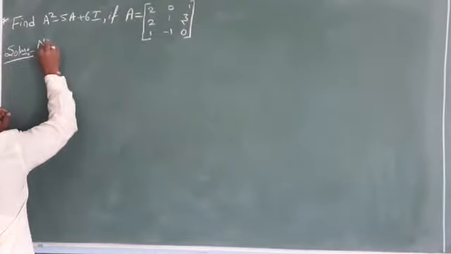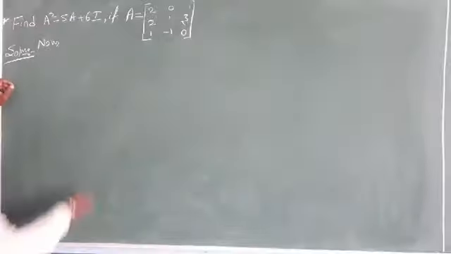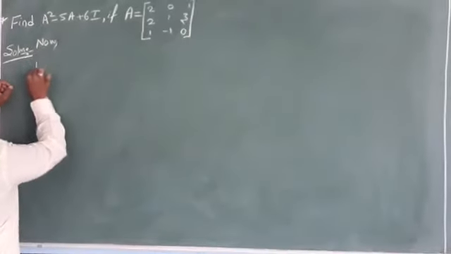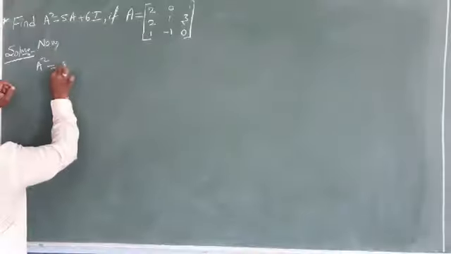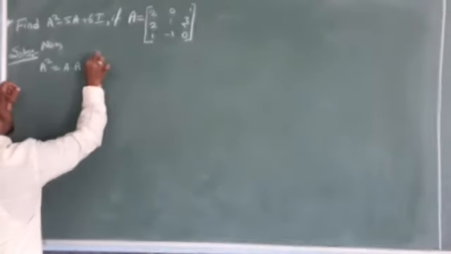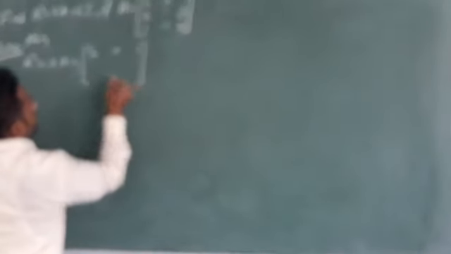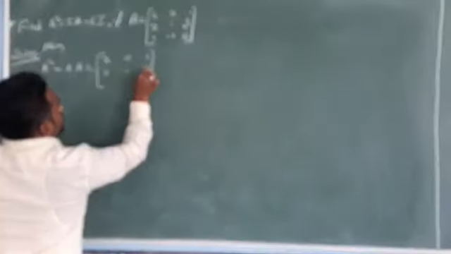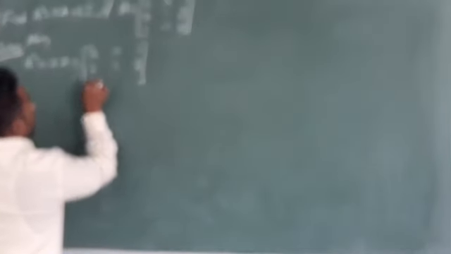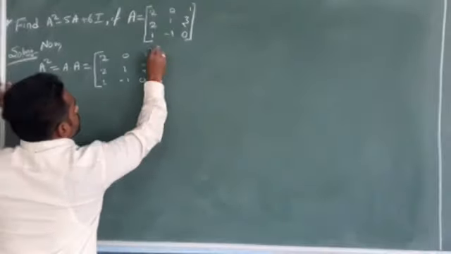So first find A square. What is that? A into A, matrix A into the matrix A itself. 2, 0, 1, 2, 1, 3, 1, minus 1, 0.